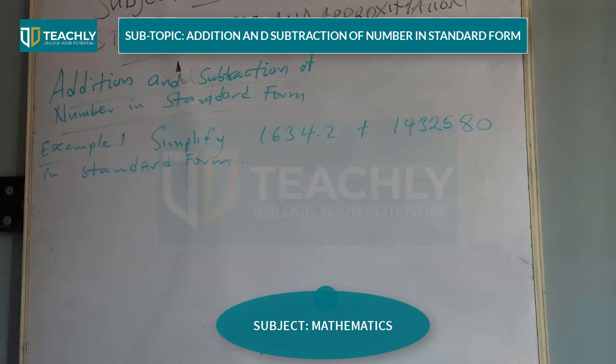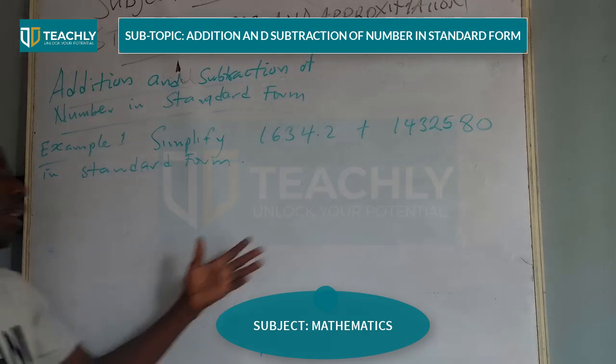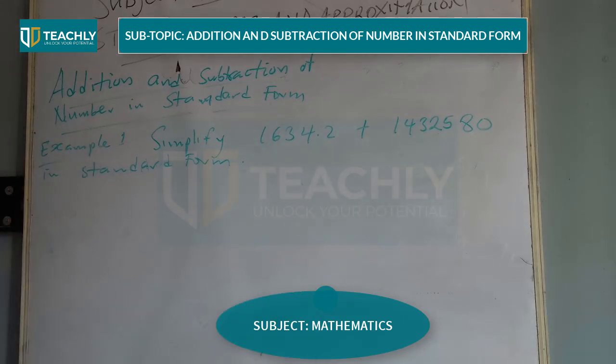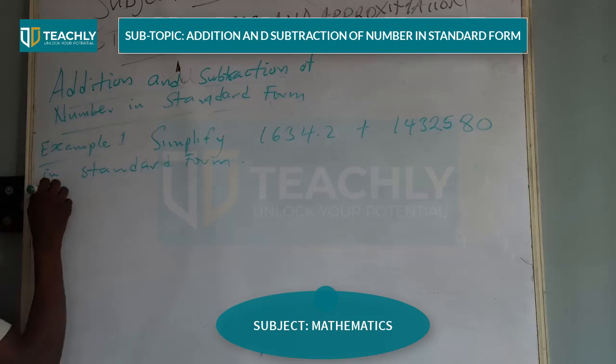You can do it in two ways. Either you convert to standard form first and then add, or you first add them and then convert your final answer to standard form. Both methods are correct. Let's use the two methods. Let's follow this one, Method 1.